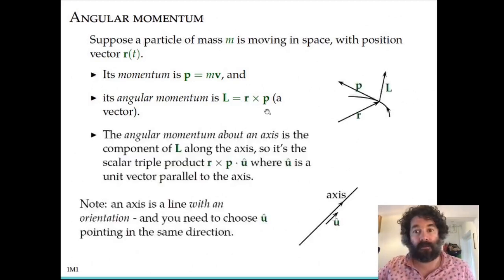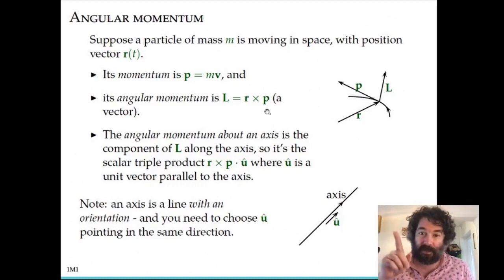Okay, so finally, we can talk about the angular momentum about an axis, when an object is rotating around a given axis. So the angular momentum about an axis is the dot product of the angular momentum with a vector that's parallel to the axis. And so there's an orientation issue as well here. So the vector gives a direction, so that an axis would be a line with a given orientation.